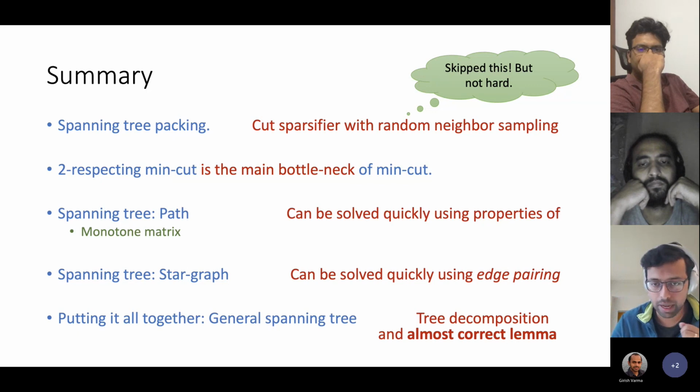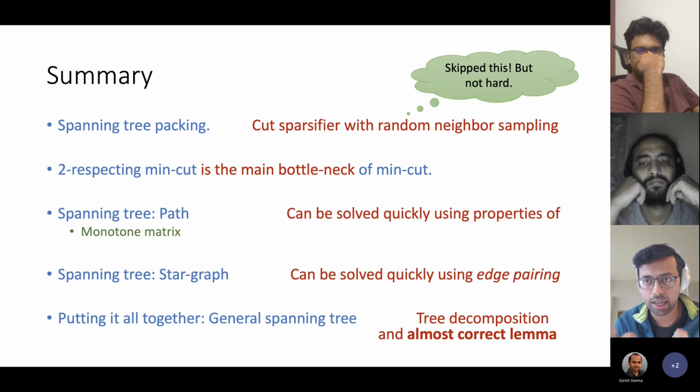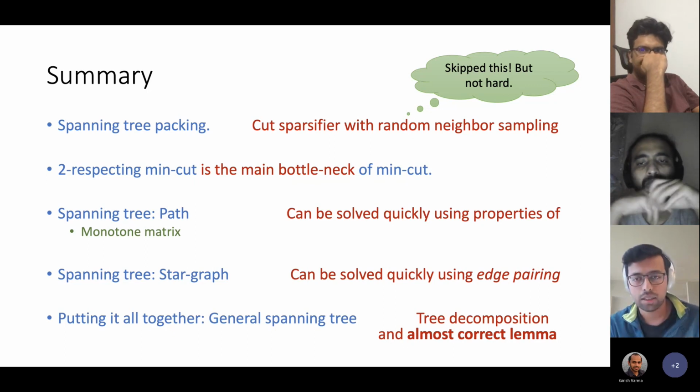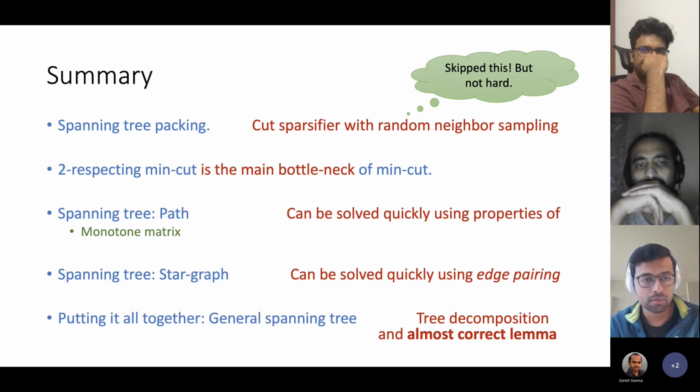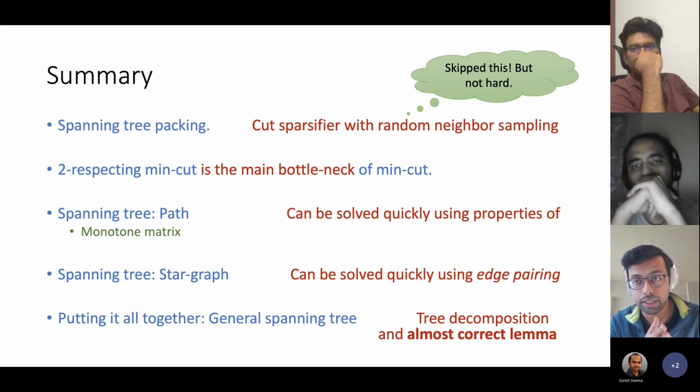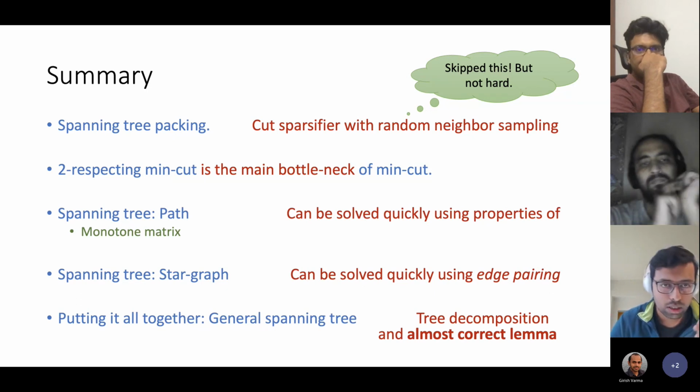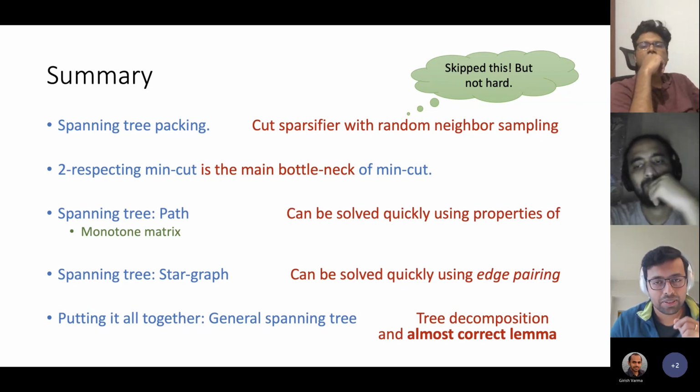And when it is a general spanning tree, we have to do some more tricks, which is the tree decomposition, and we have to use this almost correct lemma that I mentioned. But again, the meat of the matter is that you reduce the problem to minimum in the monotone matrix computation. So that's all I wanted to say about this algorithm.